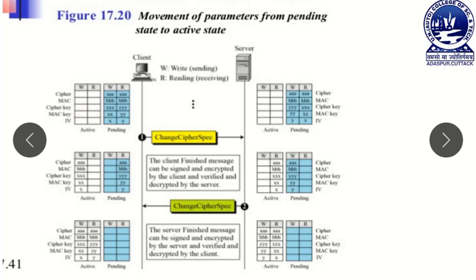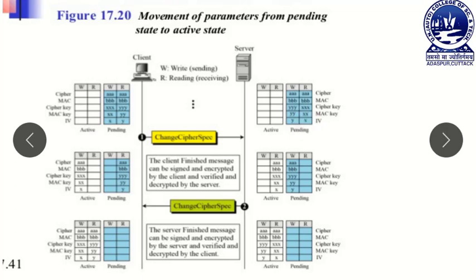Before the exchange of any message, only the pending columns are filled with values. This is the pending column of the sender and this is the pending column of the receiver.